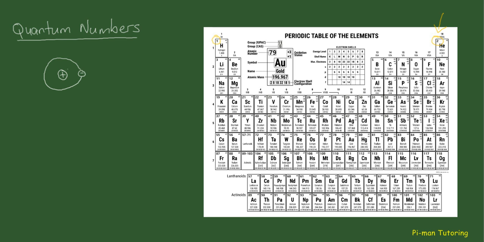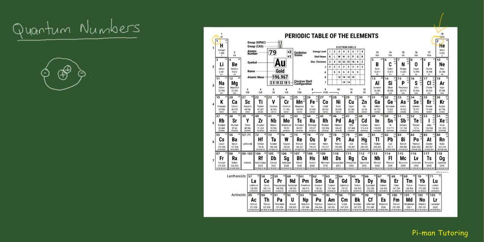Then we add an additional proton to this nucleus, and with it we add a second electron in that energy level, which gives us helium, and this is stable.